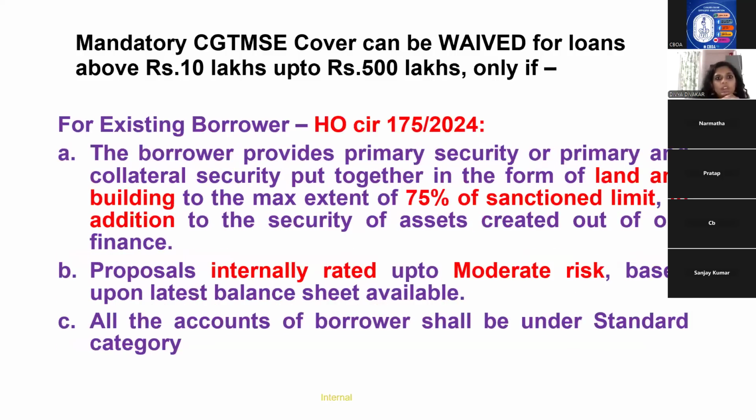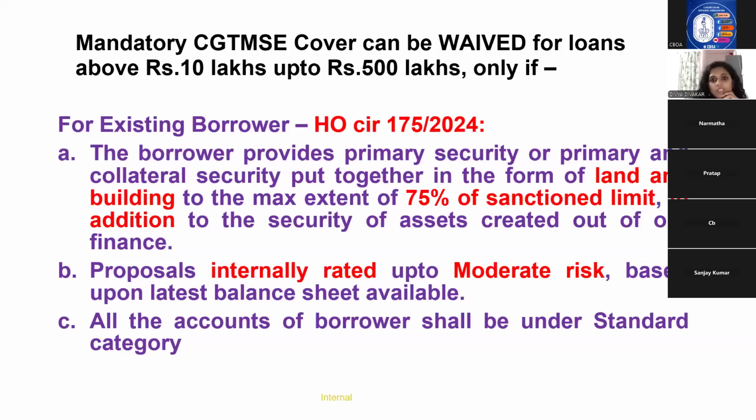Then for existing, just now we discussed the prospective borrower. Now for the existing borrower, remember, instead of 125%, it is 75%. But one more difference is there. Here it has to be in the form of land and building, and the approved securities, all those things. It is not vacant land we are accepting.